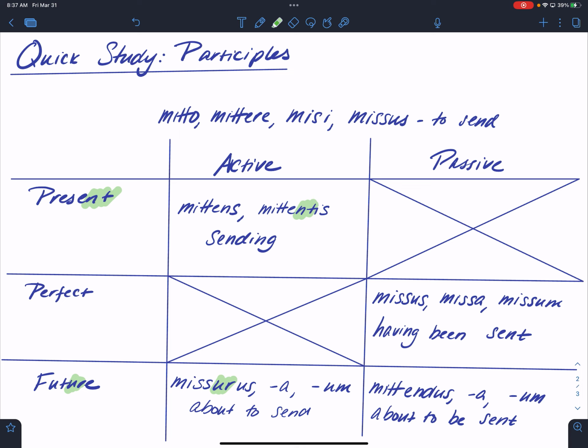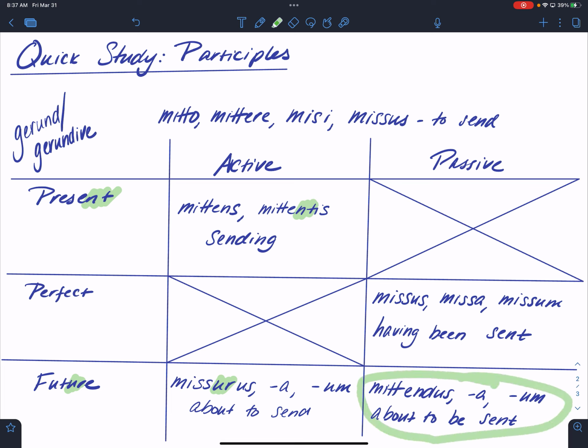Now, in terms of recognition, I'll talk about the future passive participle really quickly. I'll spell the word out for you so you can see it. You don't have to write this though, because we're not actually going over these at this time. Gerunds or gerundives, that's what the future passive participle is. The words gerund and gerundive both have ND in the form, and so does mittendus.